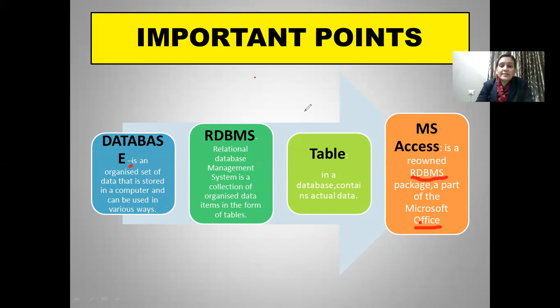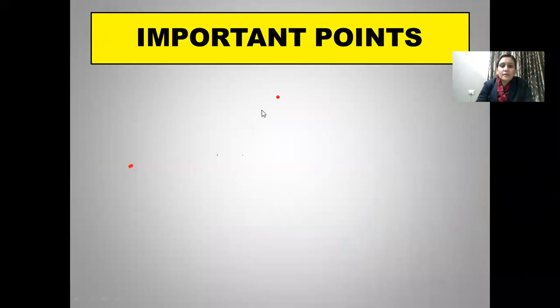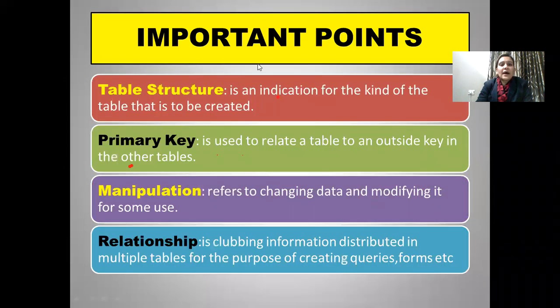Moving further to the next slide, let us move further, my dear students. Next, we have the table structure. Now, what is table structure? Structure, my dear students, all of you know that. Structure is the kind of form we are giving to anything, right? Table structure is an indication for the kind of table that is to be created.